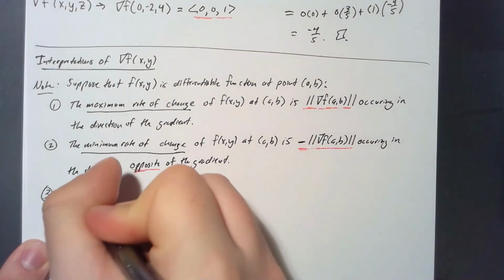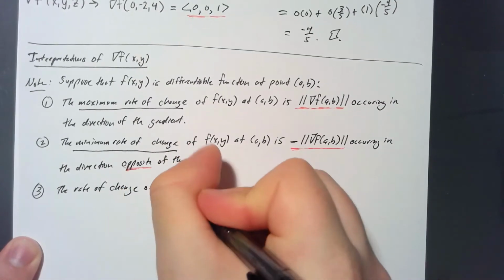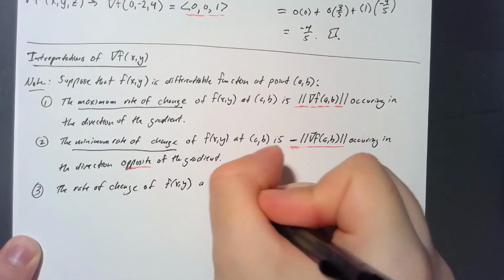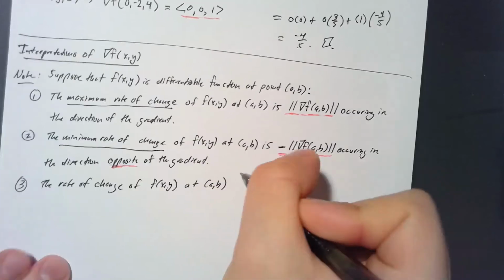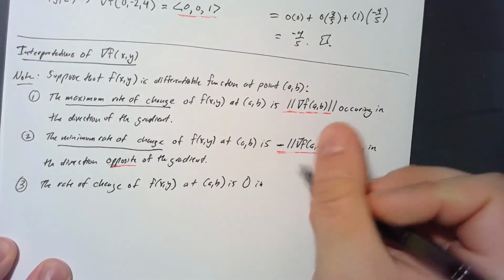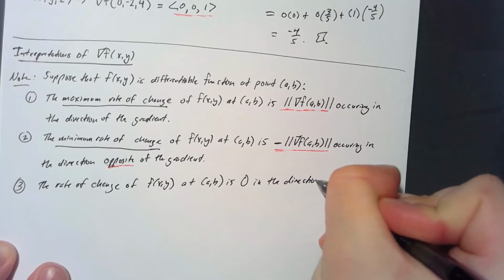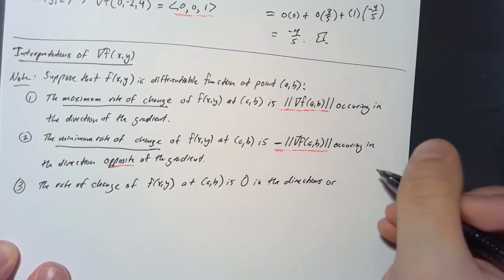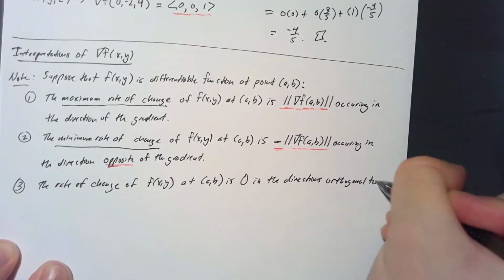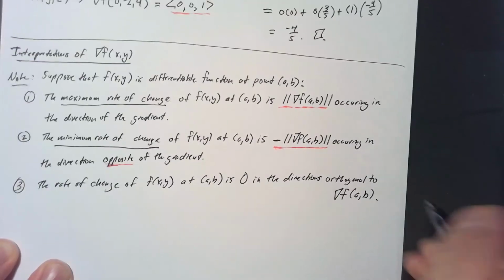Another thing, the rate of change of f of x, y at the point (a, b) is 0 in the directions, here's your favorite word again, orthogonal to the gradient at that point.